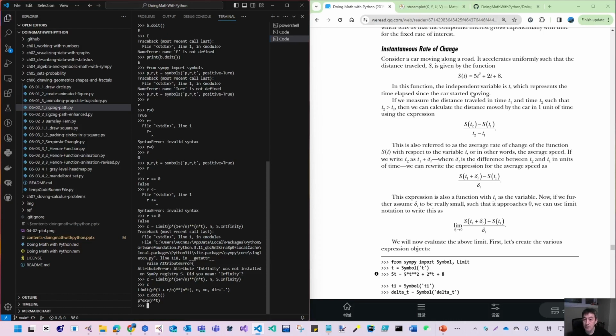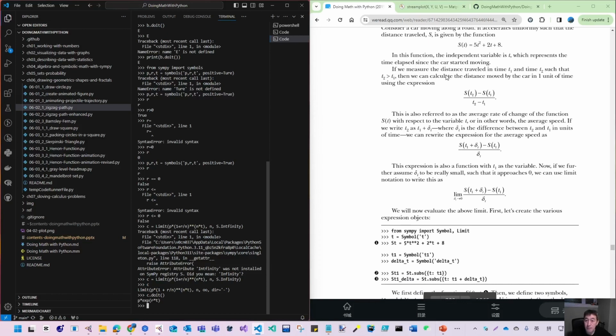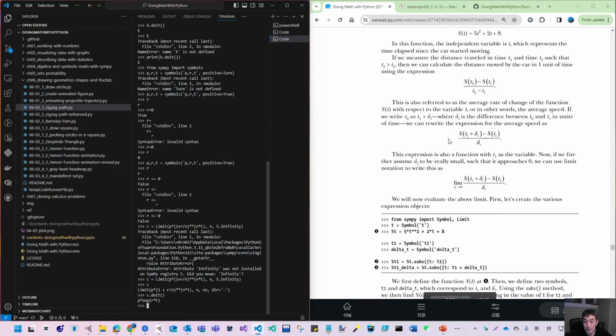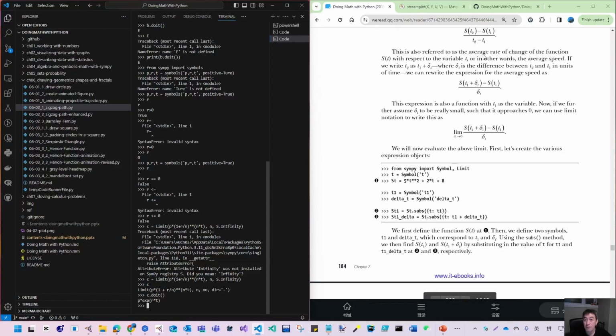In this function, the independent variable is t, which represents the time. If we measure the distance traveled between times t1 and t2, and we assume t2 is more than t1, then we can calculate the distance moved by the car in 1 unit of time using this expression: s(t2) minus s(t1) divided by t2 minus t1. This is also referred to as the average rate of change of function s(t).